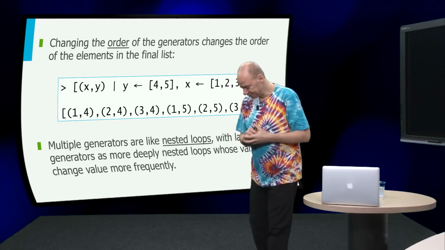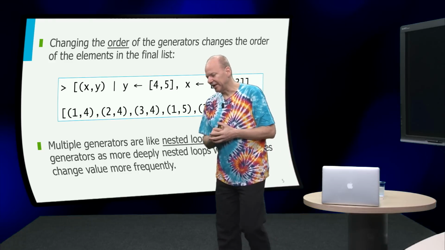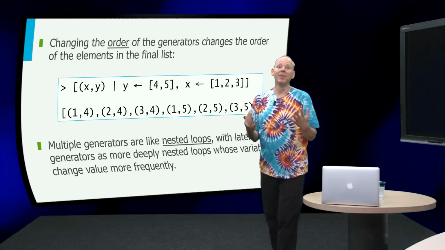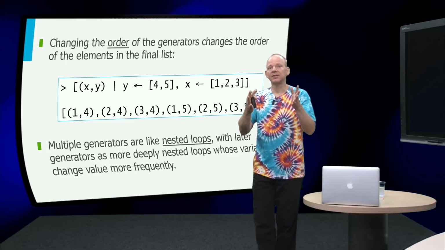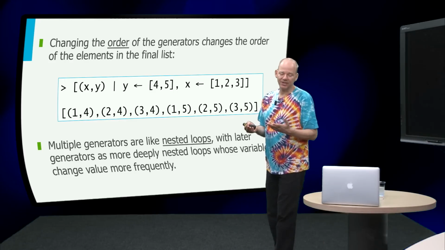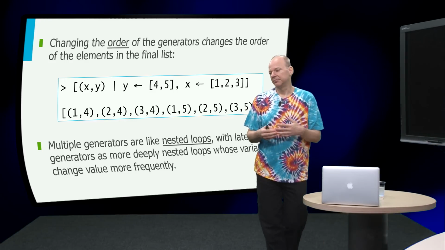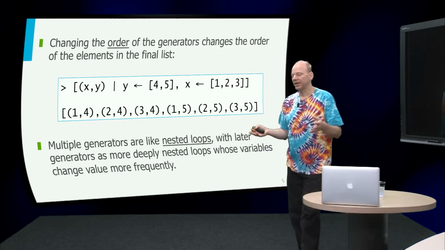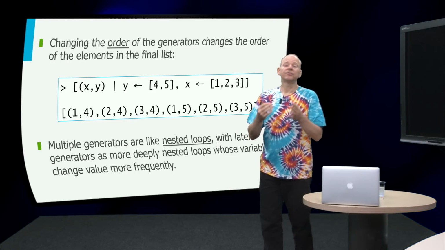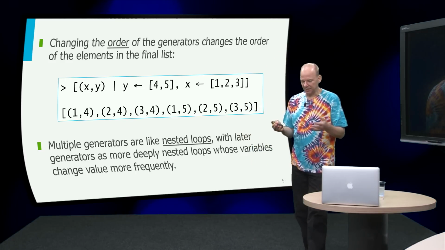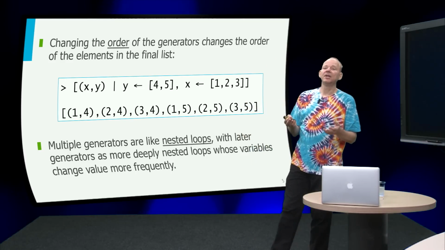And this notion of generators, you will recognize in many, many programming languages. In Haskell, these are list comprehensions. Python also has list comprehensions. Scala has for comprehensions. F# has comprehensions. C# and Visual Basic have LINQ comprehensions.